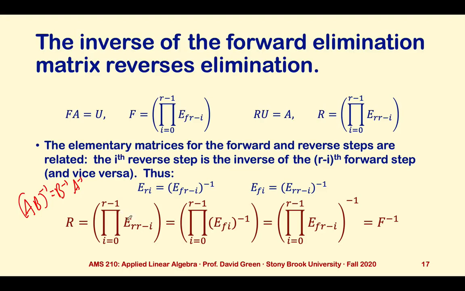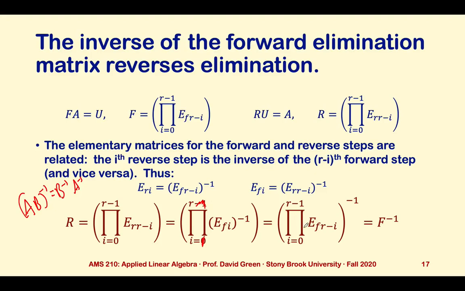So the order E_R, R minus I gets changed to E_I inverse because of this relationship. And then we have to swap the order that we do the multiplication again when we remove this inverse out of the individual matrices and instead apply it to the whole product. Right? And I will just make that little correction here. This should actually say from 1 to R instead of from 0 to R minus 1.